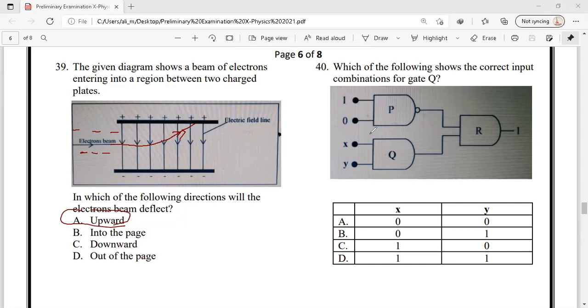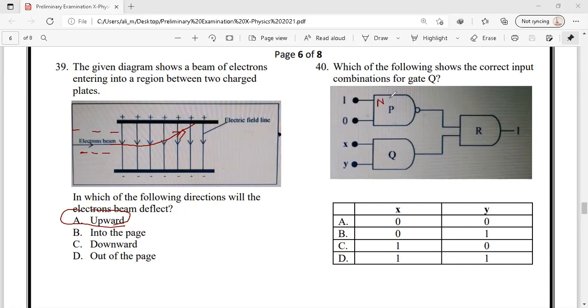Then we have the last question of this year, question number 40. Which of the following shows the correct input combination of logic gate Q where the inputs are X and Y? Let's identify the logic gates that are used.